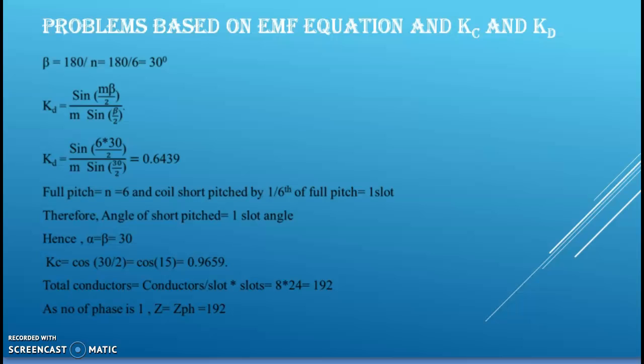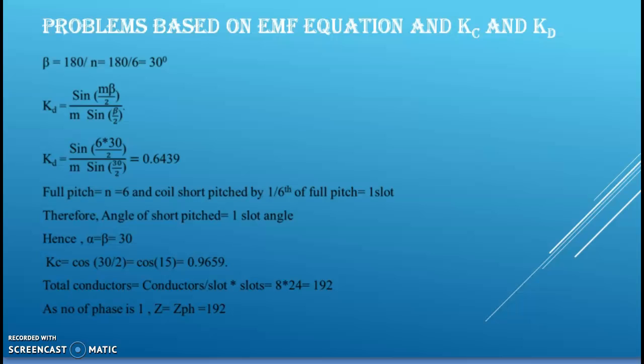From this we can find Kd. By putting in all the values, we get Kd as 0.6439. Now we have to find Kc. For full pitch we require n equal to 6, but the coil is short pitched by 1/6 of a full pitch.